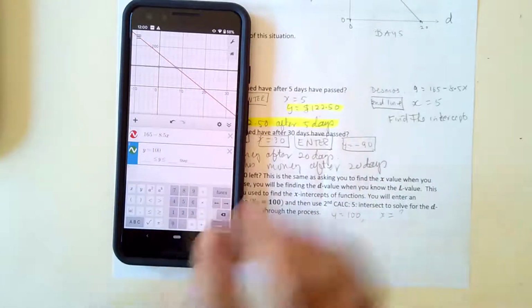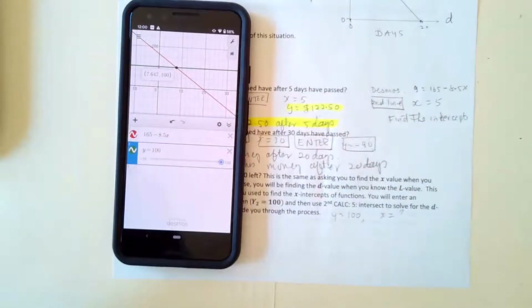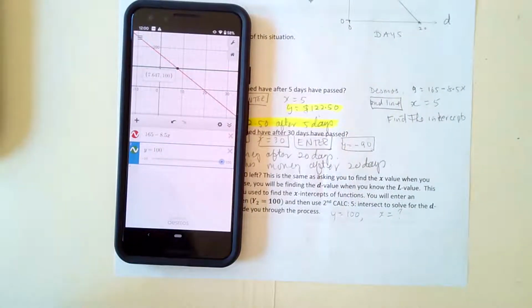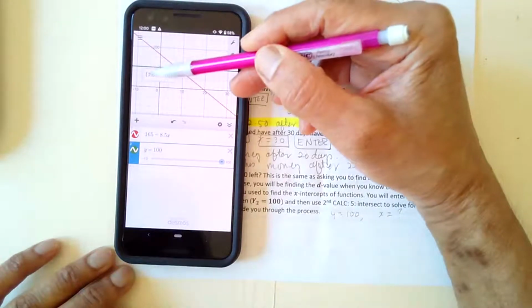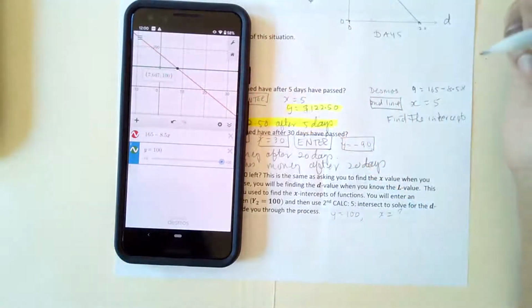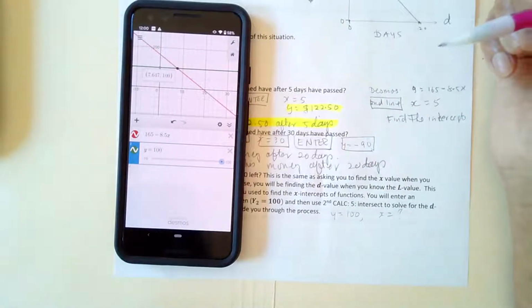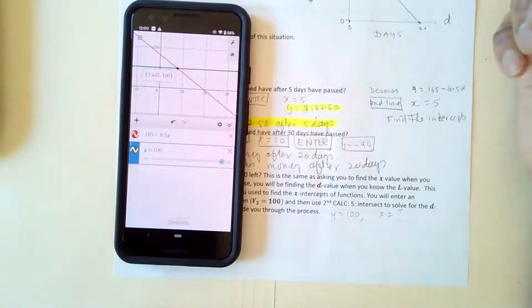You tap on there, you would have just over $7 after 100 days. So he would have, after 7 days, $100. So on this 8th day, you would have $100.